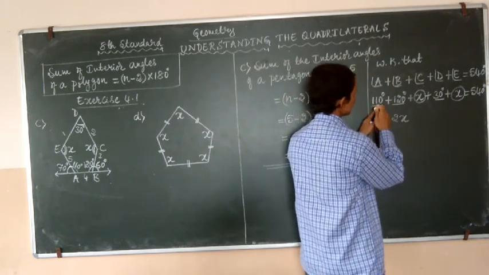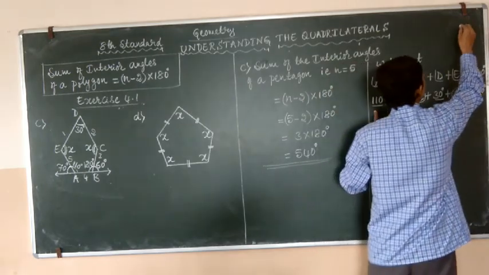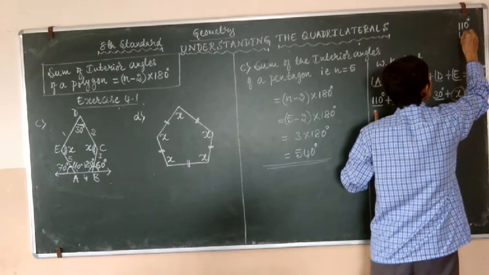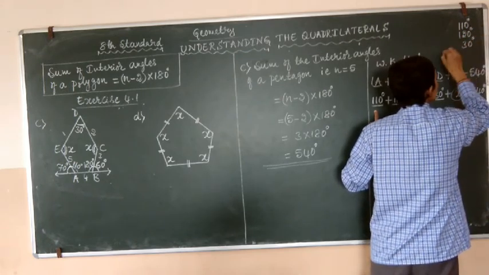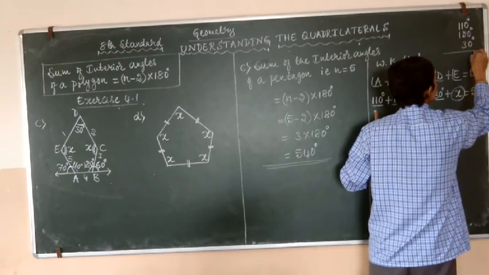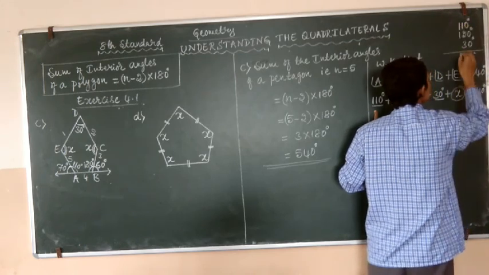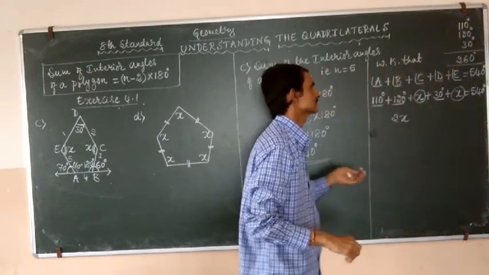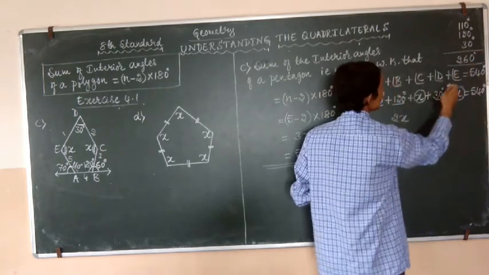Now add 110 plus 120 plus 30 degrees. So it will become 3 plus 2 plus 1 is 6, 1 plus 1 is 2, so 260 degrees is the sum of these three angles.